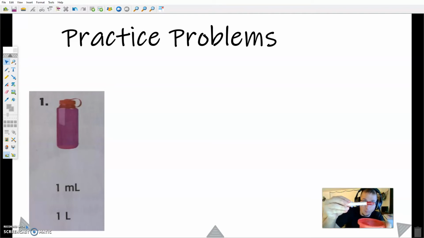Is that one of these, or is that going to be a liter? Point at which one do you think? Do you think that's 1 milliliter, or do you think that's 1 liter? Is that what you chose? Good job.